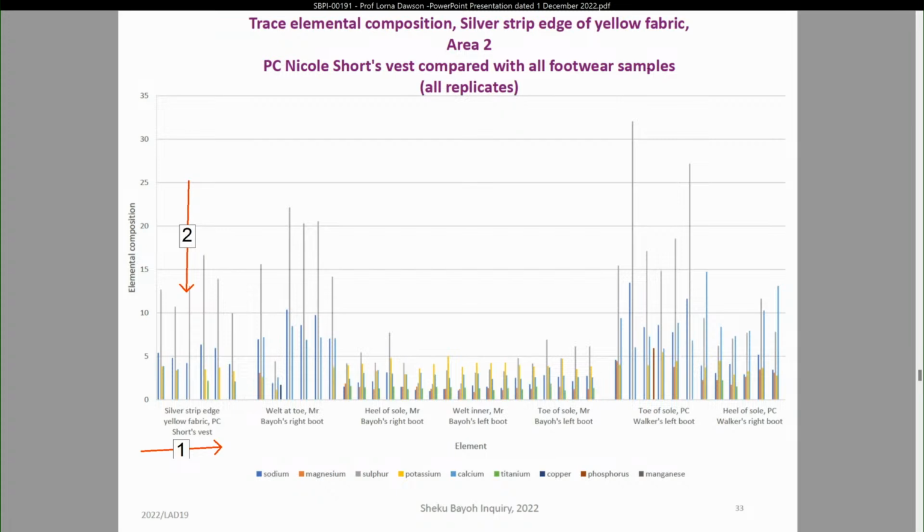I concluded from this examination, which considered also the morphology and the grain size and shape, as well as the elemental composition data, that none of the traces of soil could have come from any of the soil on that vest at Area 2. Could not have come or shared a common origin as any of the footwear samples that we looked at. They were different.